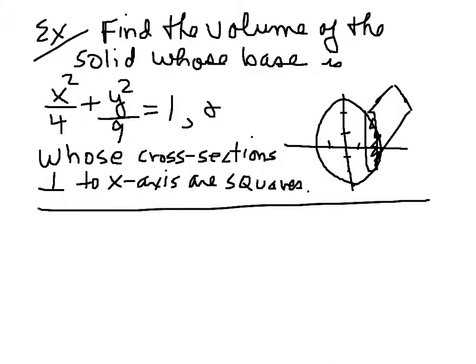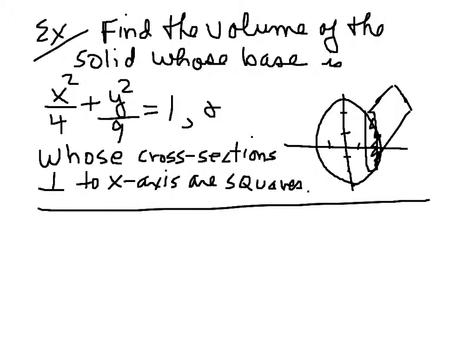And so what we want to know is what the cross-section area is. Well, that's a square, and the height is 2 times y. And y, if we solve this, is going to be the square root of 9 times 1 minus x squared over 4. And we're going to integrate from minus 2 to 2.